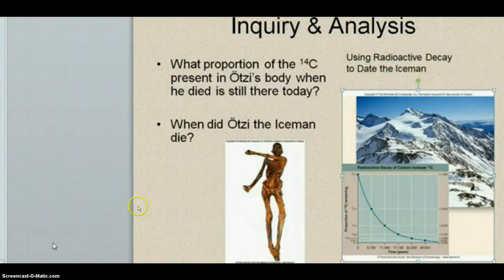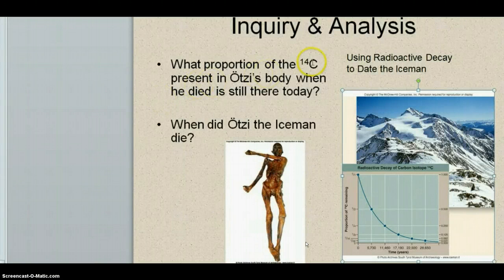So when you took this homework home and read this article, you saw that there were some questions at the bottom. And basically the questions that are most important are, what proportion of the carbon-14 present in Otzi's body when he died is still there today?